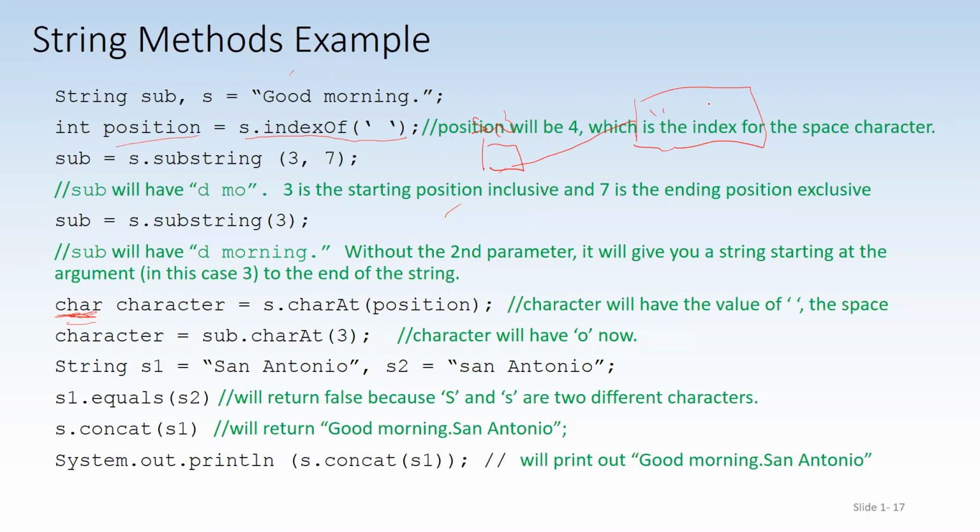D space M O, right? It's pointing there. Suppose this is address 0, 1, so now it has the address of 0, 1. That's what happens here. And when you do this, we are creating a new object.